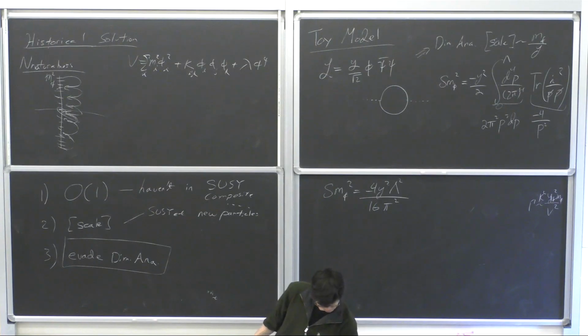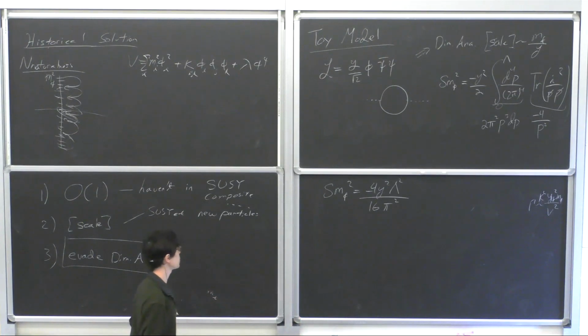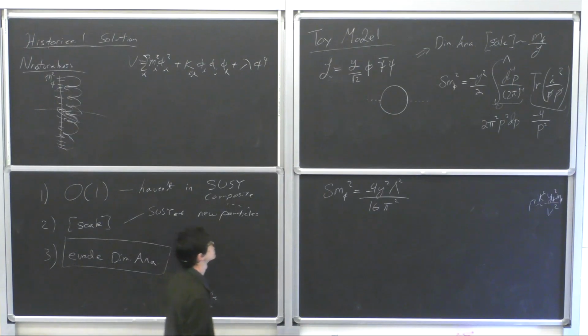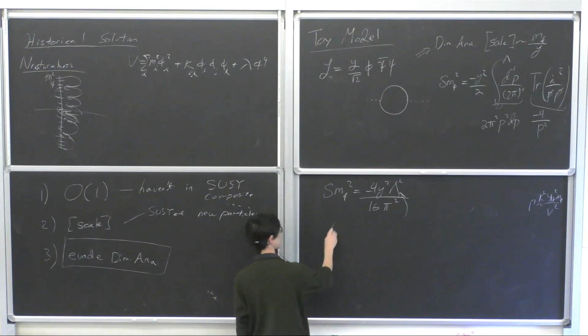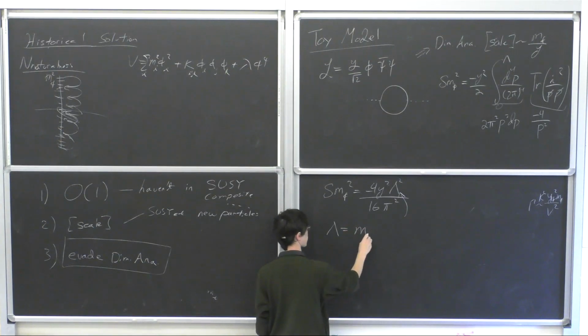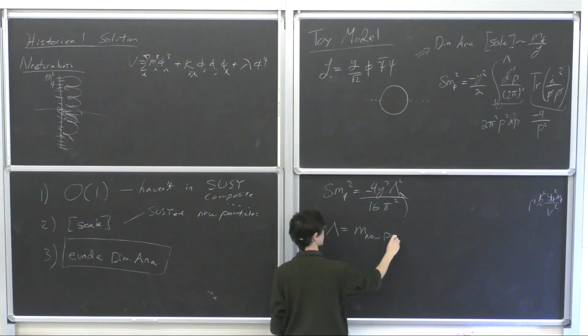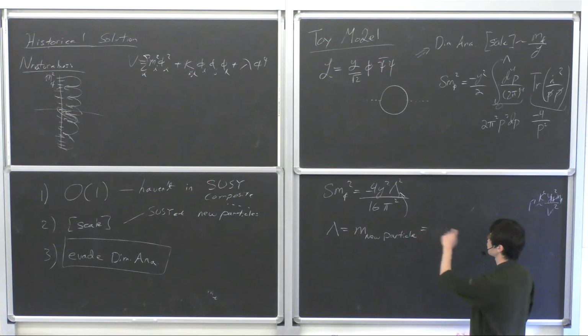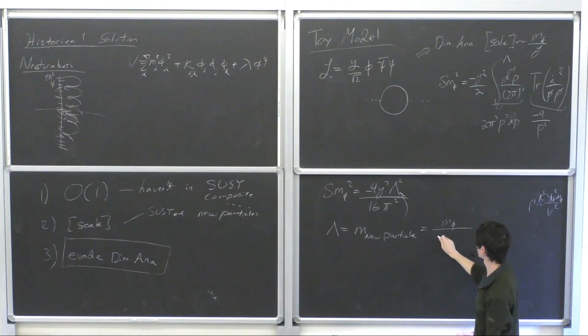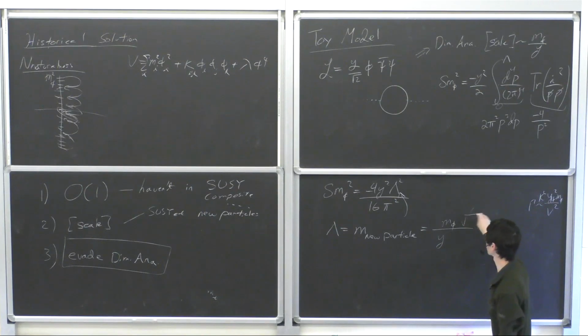People are going to be like, this is the scale you estimate with dimensional analysis. And I'm just going to say lambda equals m of a new particle is equal to m phi over y. There's a square root 4 pi, I guess. 4 pi squared. Took the absolute value.